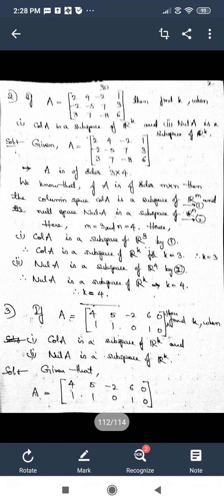Therefore null A is a subspace of R4 by equation 2. Now null A is a subspace of Rk means K should have the value 4. Therefore here also the value of K is 4.